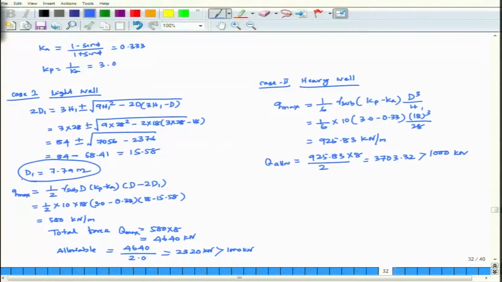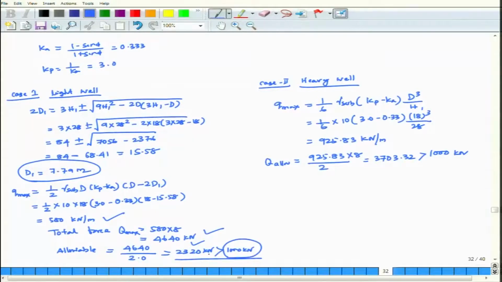Once D1 has been calculated, Q maximum has been calculated, total force has been calculated, allowable force has been calculated, and it has been checked that this allowable force should be greater than your lateral load. Lateral load is your 1000 kilonewton. Similarly, for heavy well, based on the formula Q max has been calculated, Q allowable is your 3703.32, which is greater than your lateral load on the well.